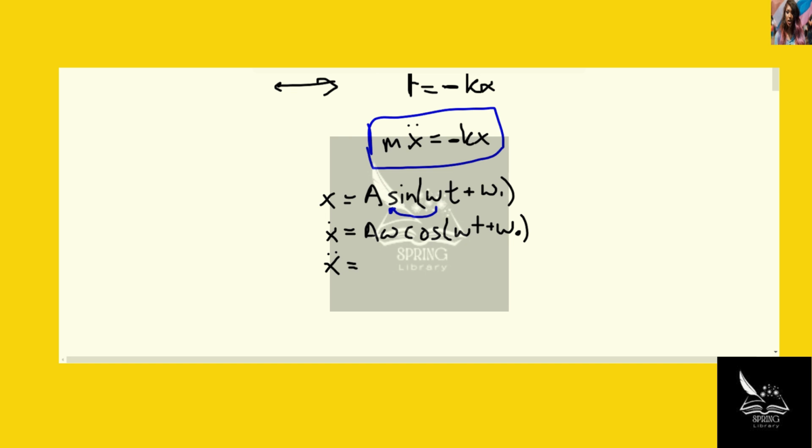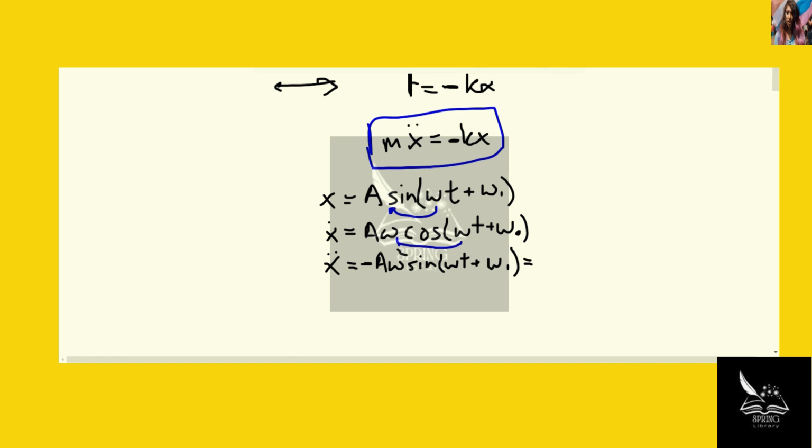And if we continue once again, we'll see that we'll have A omega squared, because the omega once again falls out. Now when we derive a cosine and get a sine back, we have to add a negative sign: sine of omega t plus omega naught.